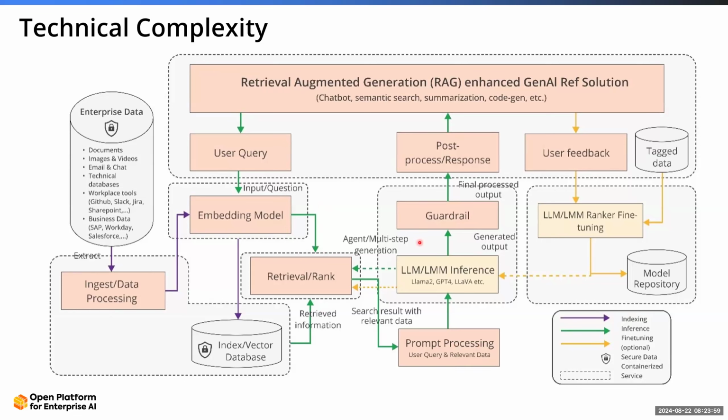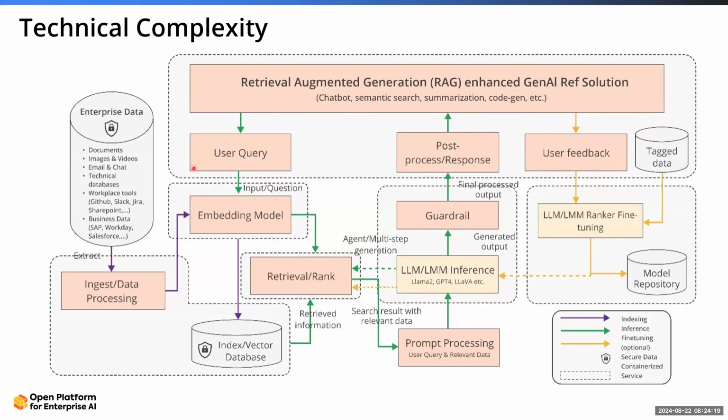We will send it to the large language model. And afterwards, we will check for hallucinations through the guardrail. And then it is sent back to the user. The user can give more feedback through the alignment, SFT and RLHF, to make the entire system more intelligent.